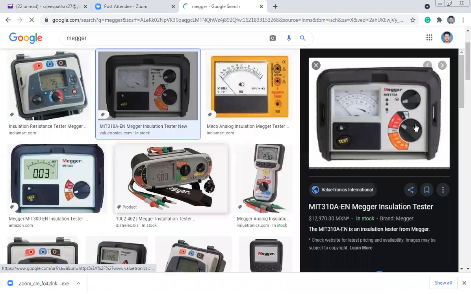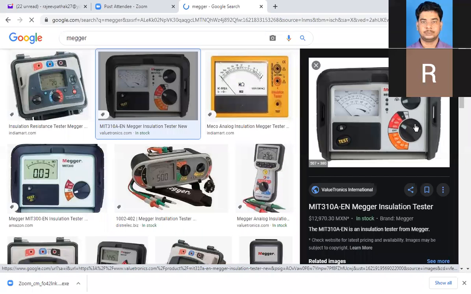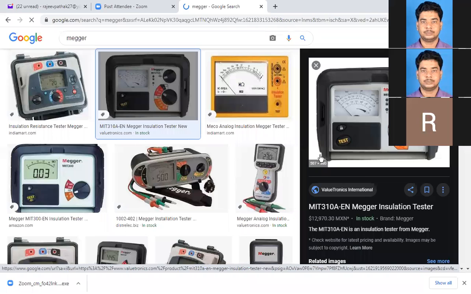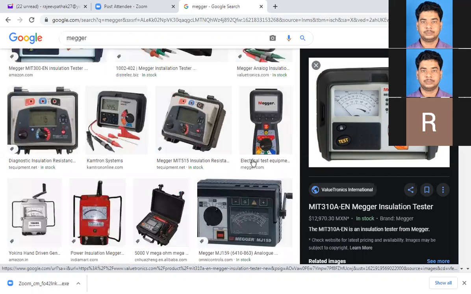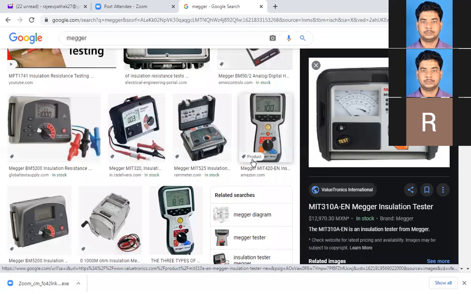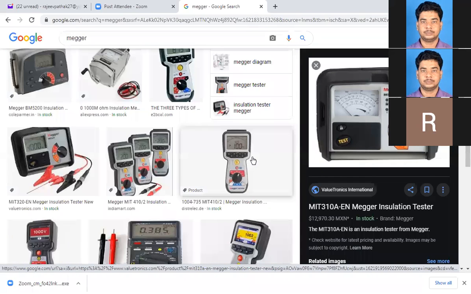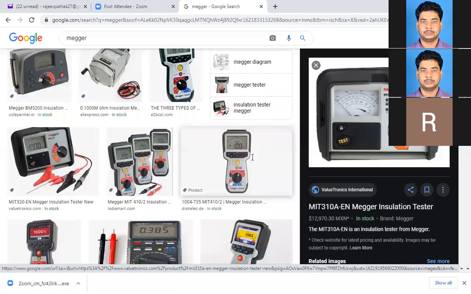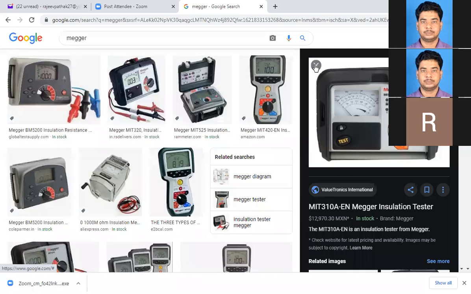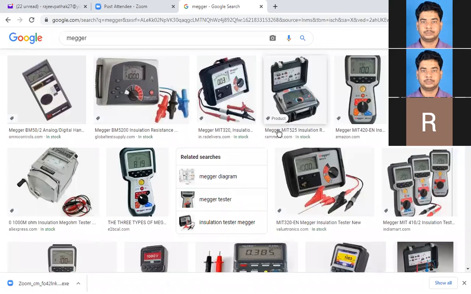This is one type of Megger that you can carry anywhere, and you can measure high resistance, your insulation resistance, with it. So there is a diagram of the Megger. It costs around 8,000 to 10,000, and is used for the measurement of high resistance.